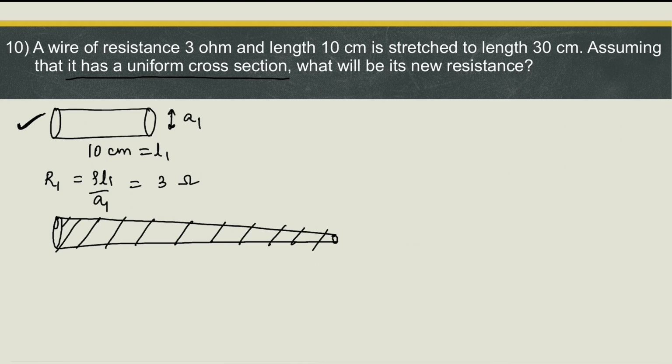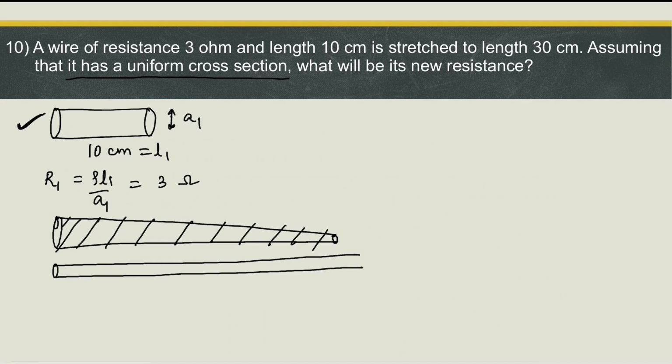So this is one way by which we can stretch the wire. And the second way is you stretch the wire but make sure that the area remains the same throughout the length. Area is uniform throughout the length.